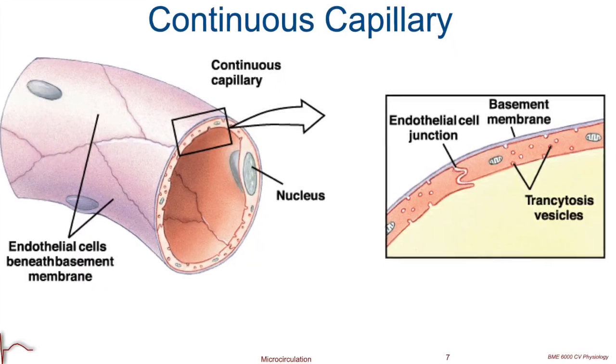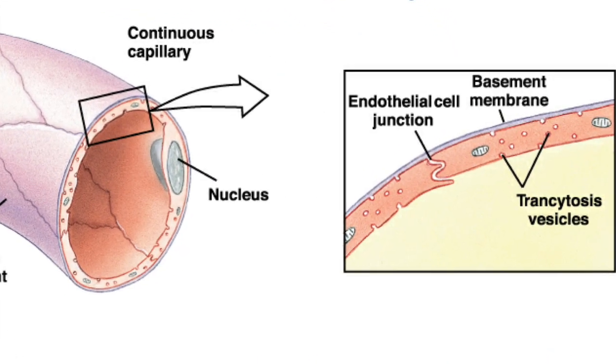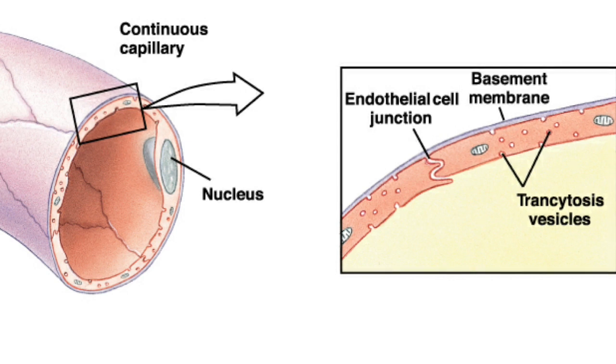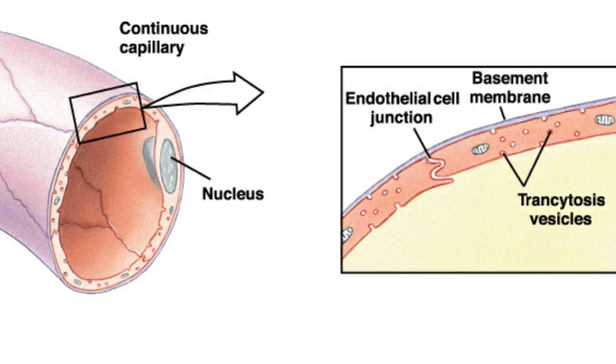So one type here is what's called a continuous capillary. These are capillaries in which the junctions are tight, the cells are packed in closely together, and the result is a fairly impenetrable capillary. This is not a leaky one, this is kind of the other extreme. This is the blood-brain barrier type capillary that lets very little pass through it.